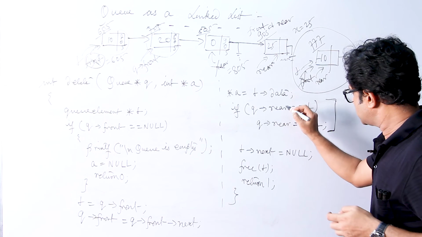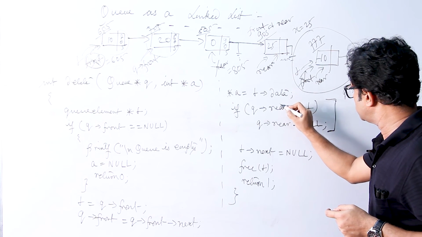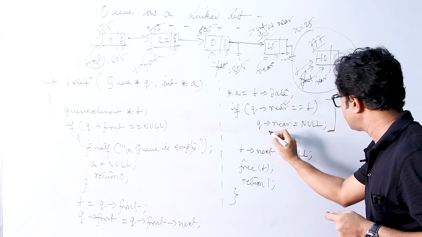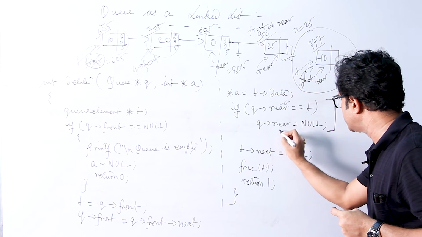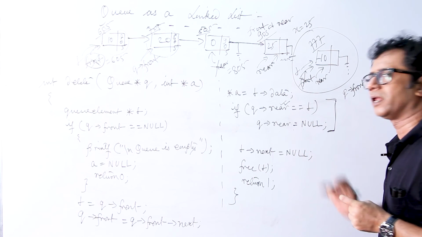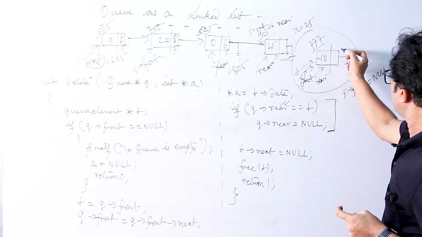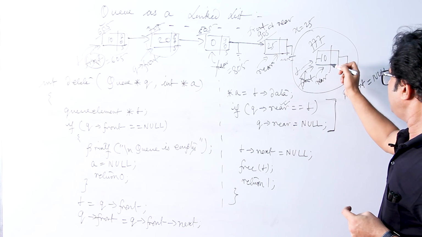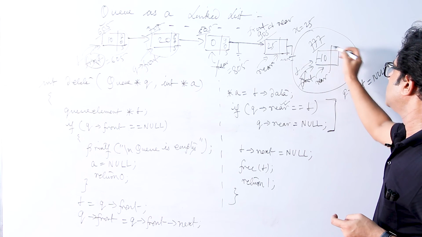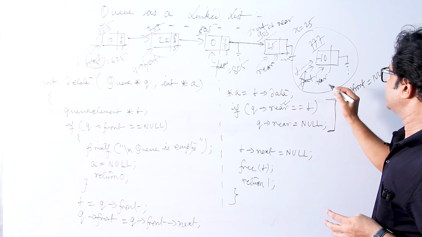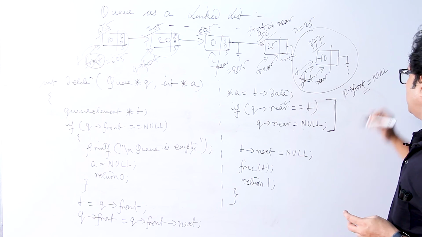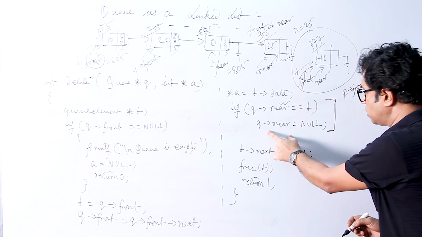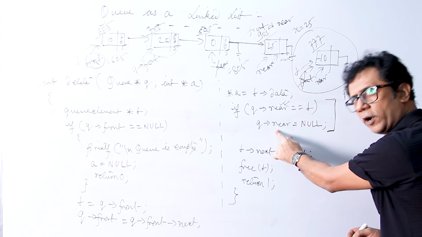So in this situation, this condition holds, and we have to write: q rear equal to null. That means we need to make the queue empty after deletion of this solitary node. By this operation q front points to null, and we need to also make q rear point to null as well.